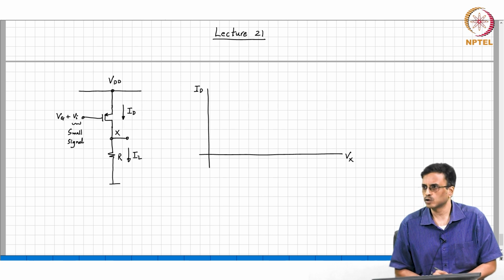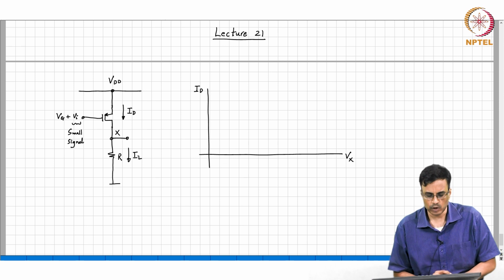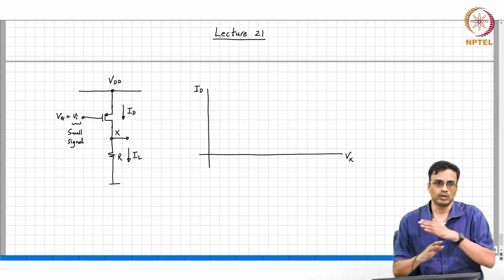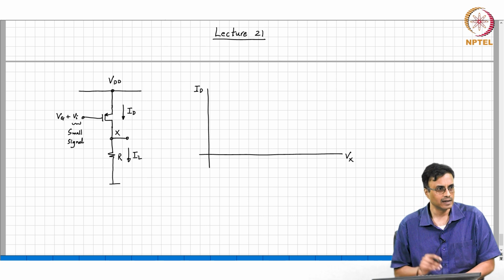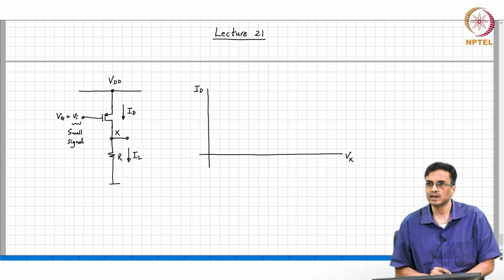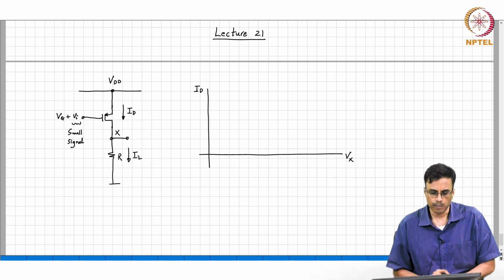The place where the two intersect gives me the operating point. We know that ID must be equal to IL. So, I will plot ID as a function of Vx and IL as a function of Vx, and the two curves will intersect at a point. The x coordinate corresponding to that point of intersection will give me the operating voltage Vx, alright.